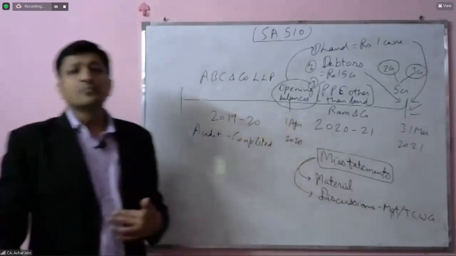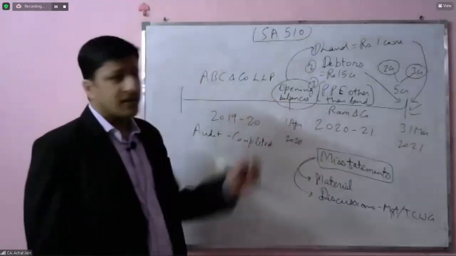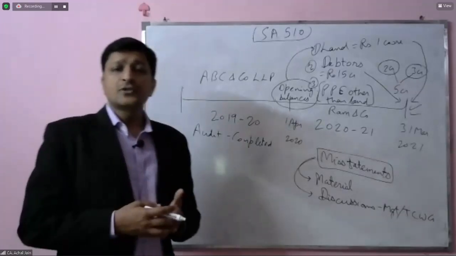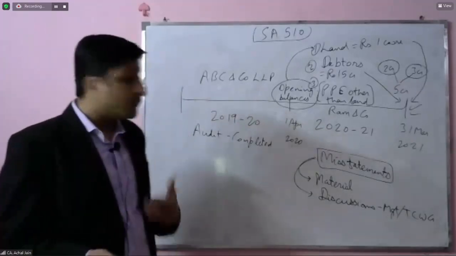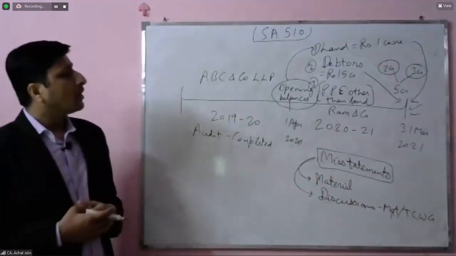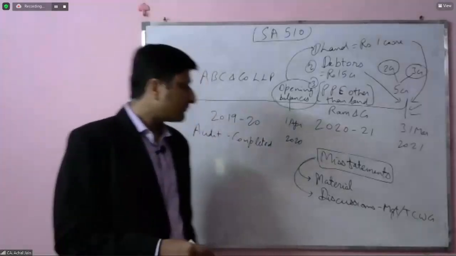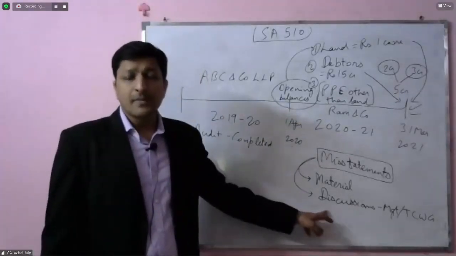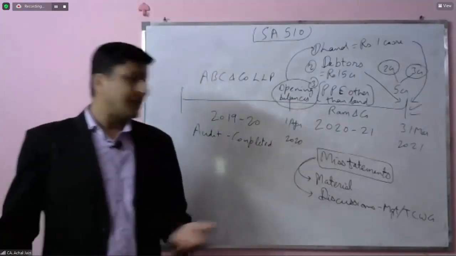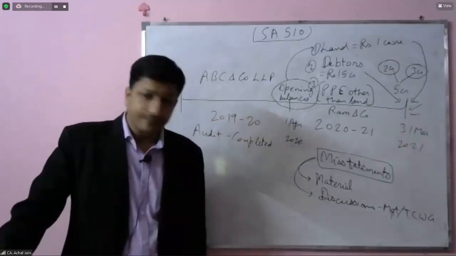He may want to perform some additional audit procedures because his overall comfort in respect of the opening balances may go down. So that is another area which the auditor will have to analyze and accordingly perform some additional procedures, which appear to be right on the part of the auditor. Secondly, he would have discussions with the management to understand the reasons for the misstatements, and if the misstatements are material, then definitely get those corrected in the financial statements.